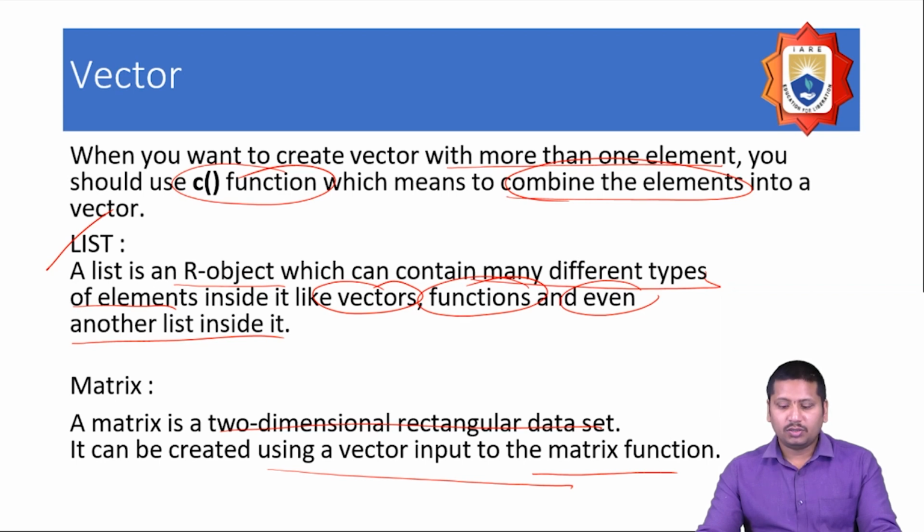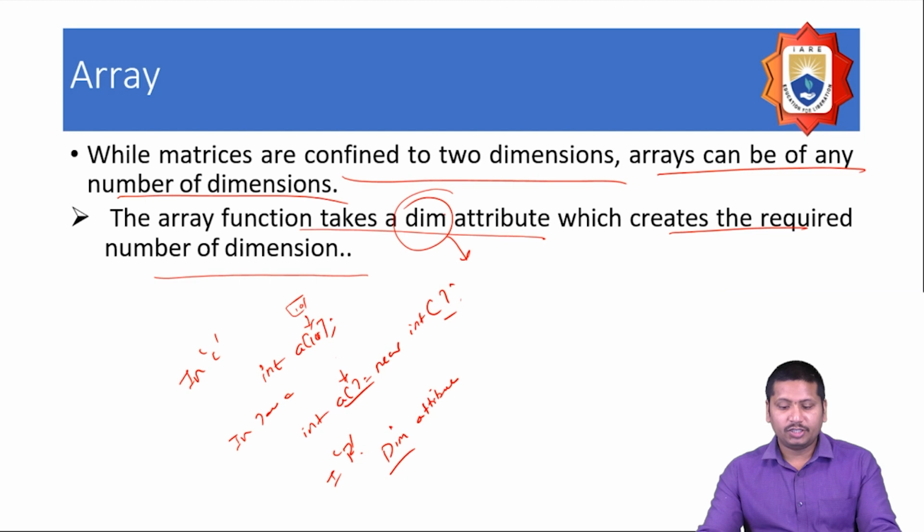And list is the other kind of data type. It is an object containing different types of data like a vector, a function, and even another list can be included. The matrix is a two-dimensional rectangular data set which can be created by making use of the matrix function.